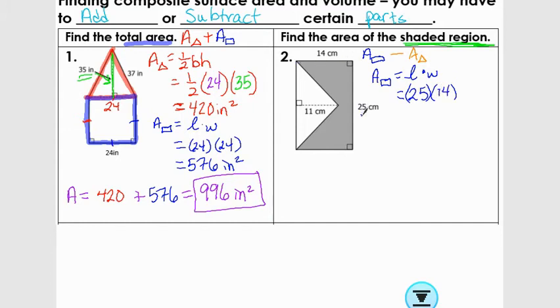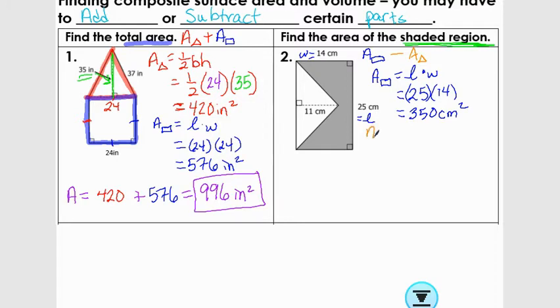Just pulling that out, this is my length, this is my width. And so when I put that in my calculator, I get that the area of the rectangle is 350 square centimeters.